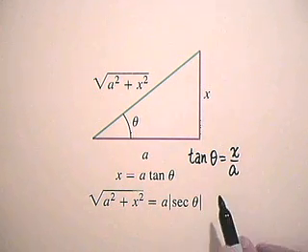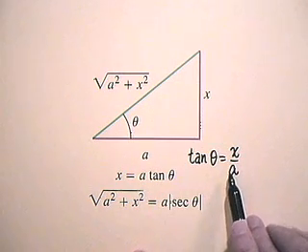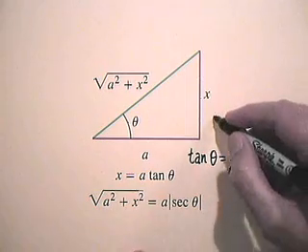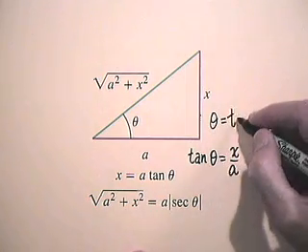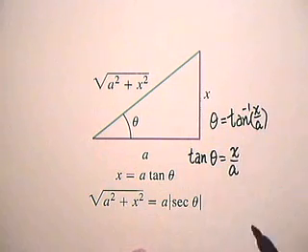Well, notice what this means. We'd be substituting tangent of theta equals x over a. Consequently, that means theta itself is the tangent inverse of the quantity x over a.